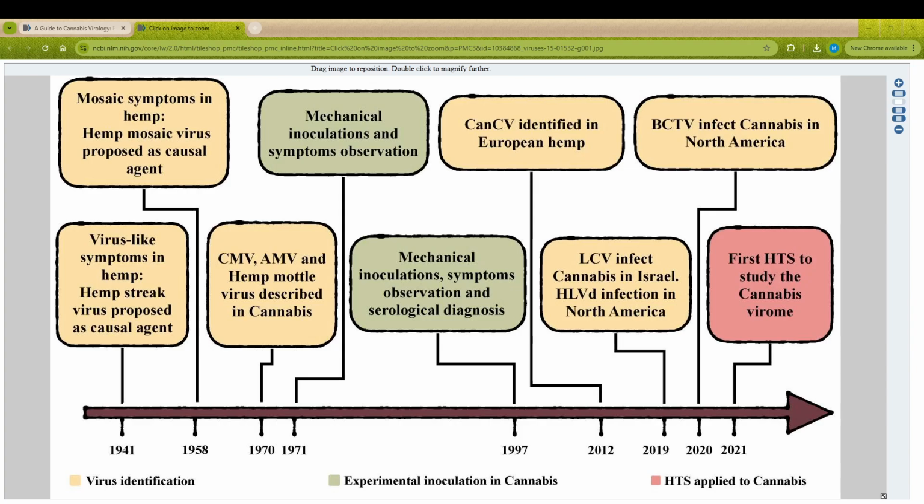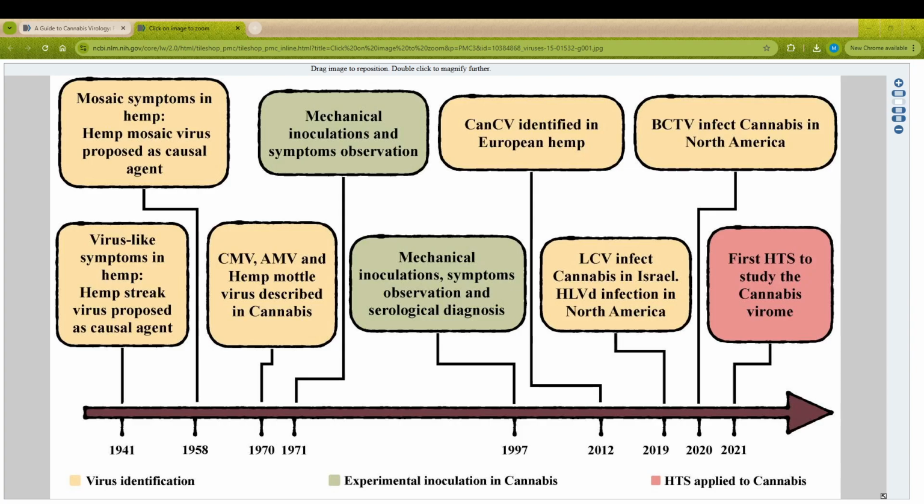1970, they found CMV, AMV, and hemp model. I'm not exactly sure how they pronounce that virus described in cannabis. So that's 1970. I mean, this is a long time ago, guys. Then in '71, they were doing mechanical inoculations and symptoms observations. Then we see a big stretch, from '71 to '97. And '97 is around the time when California really started to loosen things up a little bit on cannabis.